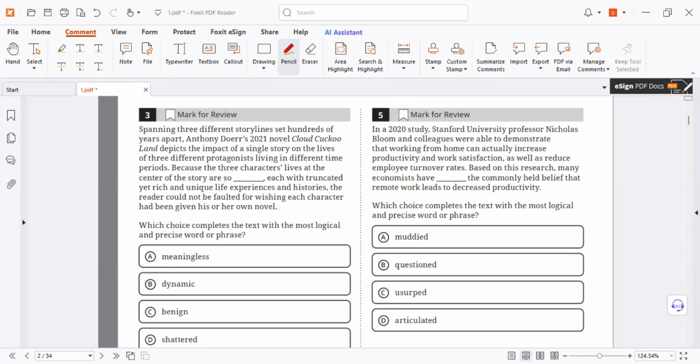Letter B. So letter B is correct. Never forget to use tone. It can help you. So that's correct.